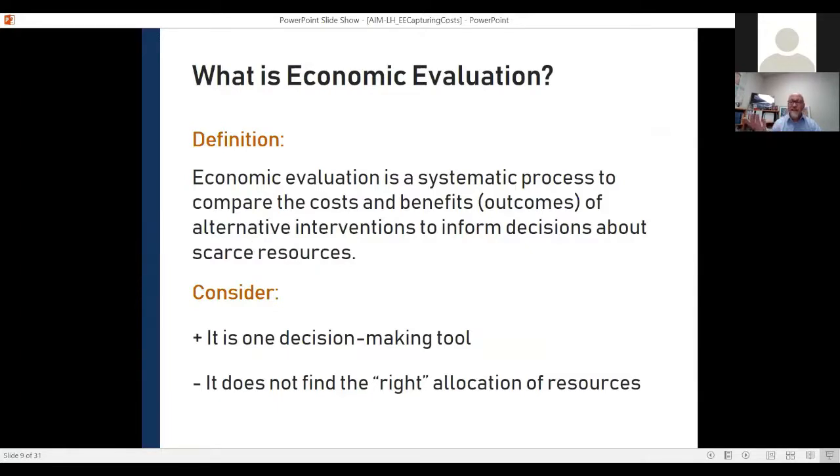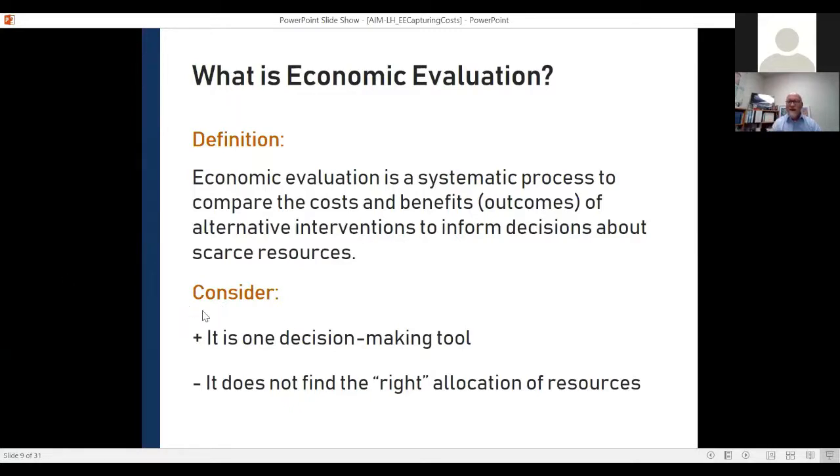Well, we might say that we're not currently doing anything to address tobacco use, for example. In that case, the alternative intervention that we're comparing our program to is the status quo of not doing anything else. So in terms of a cost perspective, the cost of the status quo to our individual agency might be zero. And then when we implement a new intervention, we suddenly have a cost associated with that.